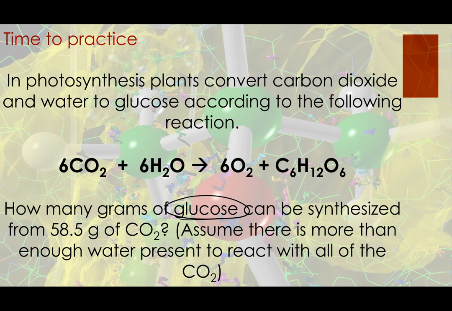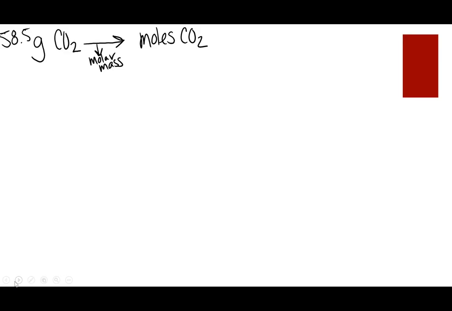So it's asking for glucose, or C6H12O6. Okay. So let's click over. Moles of substance A to moles of substance B, and our substance B is C6H12O6. So that's step two, moles of A to moles of B, and we're going to use the equation to do that.